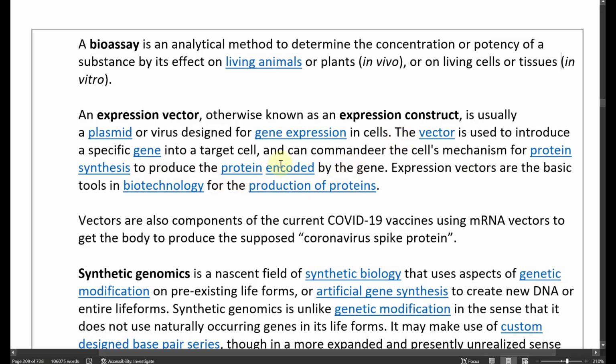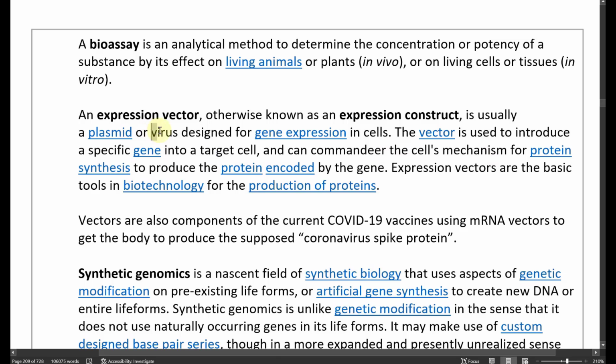Expression vectors are the basic tools in biotechnology for the production of protein. It's like that plasmid vector, but in this case, it's designed to express a specific protein by inserting a specific gene into a target cell, and then you basically control the cell's mechanism for protein synthesis, which is very, very interesting.